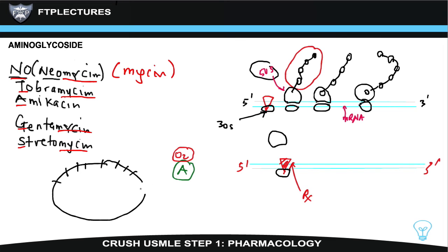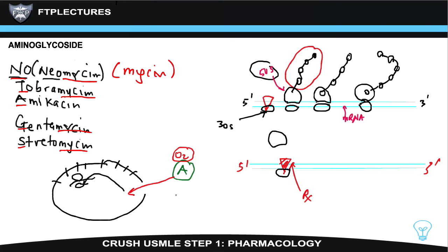So I'm going to open the door and get this antibiotic inside the cell. Remember, most of the action is happening inside the cytoplasm. That's where the protein synthesis is going on, okay? So we want to get this guy over here. So it's an oxygen-dependent delivery.